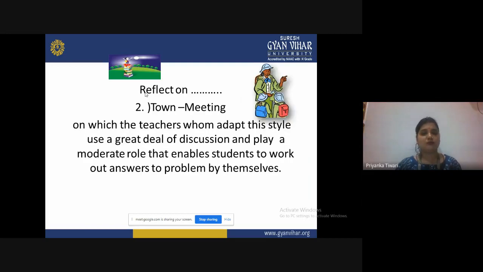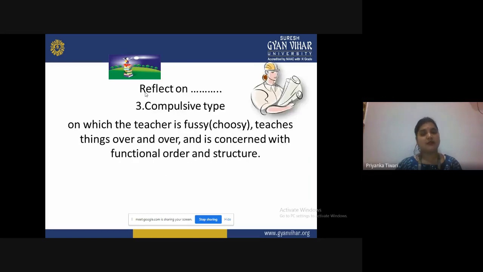Reflect on town meeting, in which the teachers who adopt this style use a great deal of discussion and play a moderate role that enables students to work out answers to problems by themselves. Reflect on compulsive type, in which the teacher is fussy and choosy and teaches things over and over, and is concerned with functional order and structure.